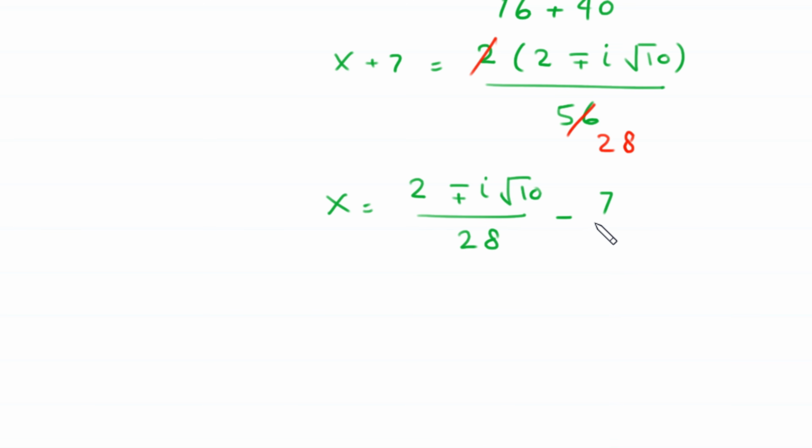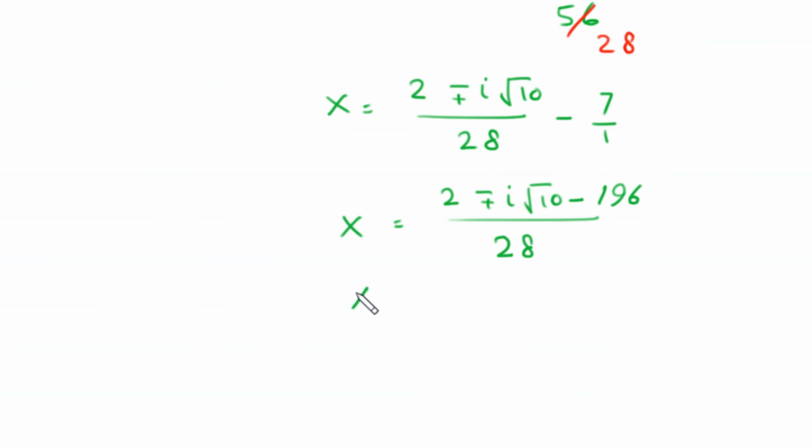Write the denominator 1, and the LCM is 28. This 2 minus or plus i times root 10, and this 28 times 7 will become negative 196, and this is equal to x.